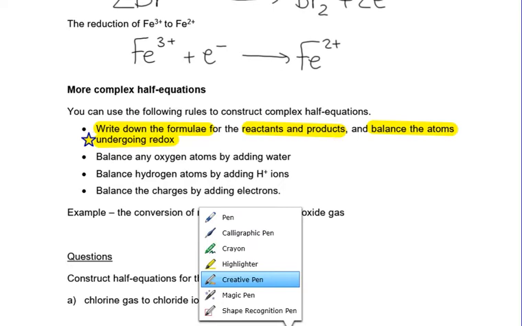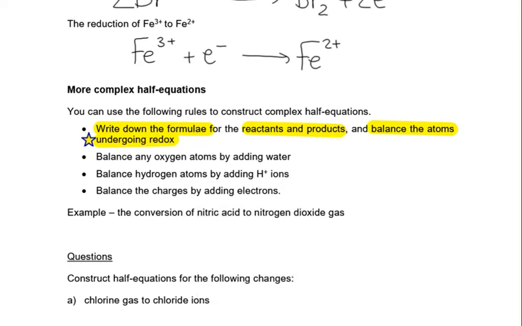Then, your next thing to do is add water to balance the oxygen. So balance oxygen by adding water, then balance hydrogen by adding acid, H+ ions, and then last of all, charges by electrons. So in the ones above, we were doing the first step and the last step because we didn't need to balance anything else. So we were just skipping from first to last step.